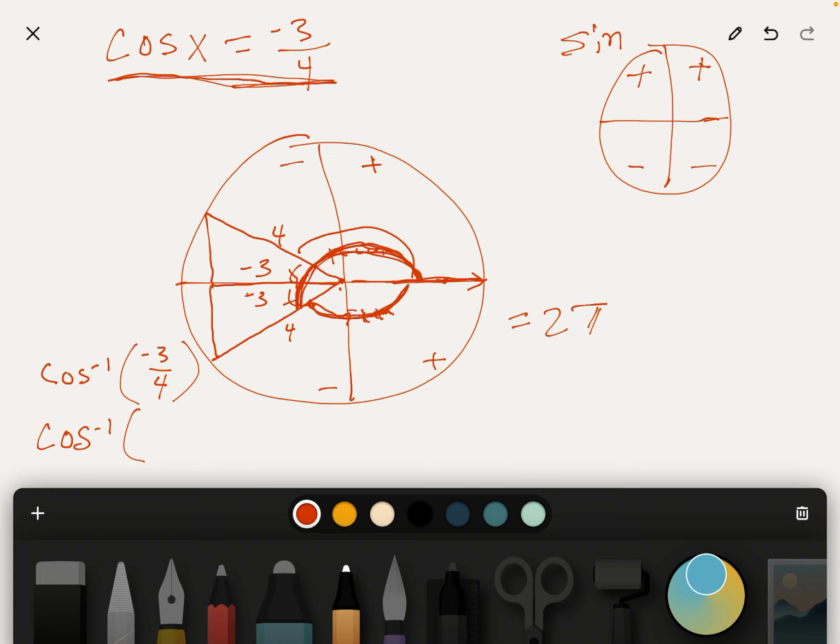And essentially this angle here is the same as this angle here in terms of absolute values. So this angle here is 2 pi minus this angle down here, which is the inverse cosine of -3/4.